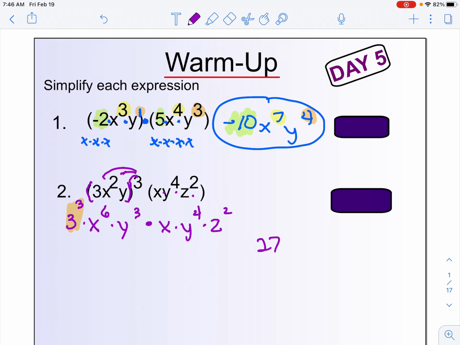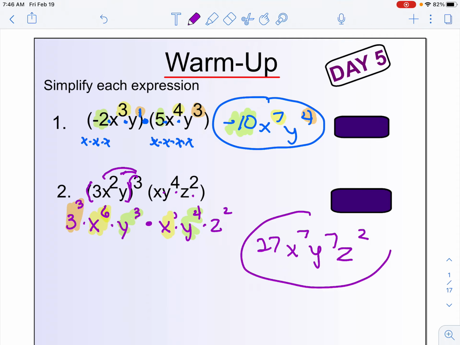Then we have x to the 6th right here, multiplied with x to the first right here, and so that would give us x to the 7th power. Y to the third multiplied with y to the fourth gives us, adding the exponents, y to the 7th power. And then finally we just have z squared, and there are no other z's that are multiplying it.